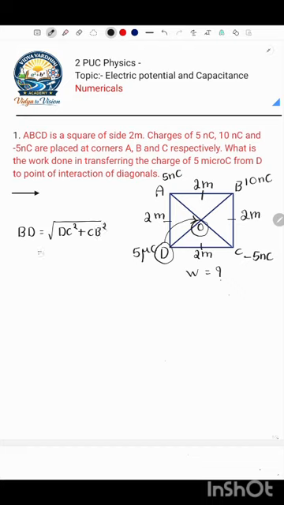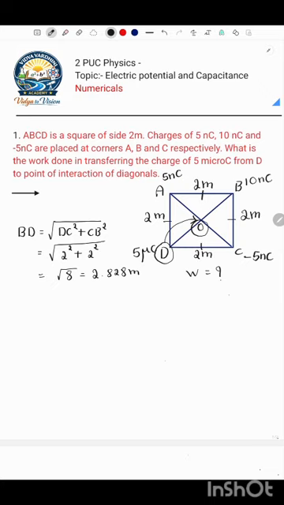We know DC is 2 meter, and CB is also 2 meter, therefore it is root of 8, which is equal to 2.828 meter.